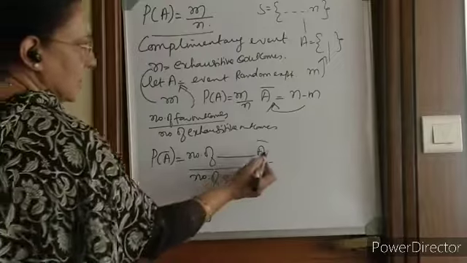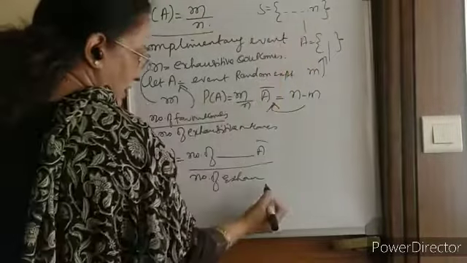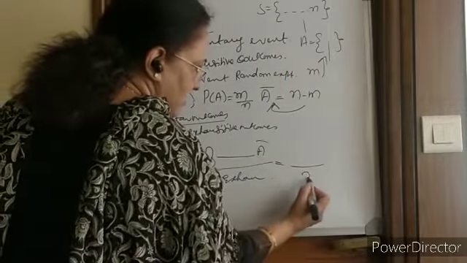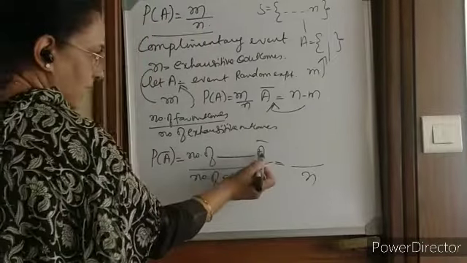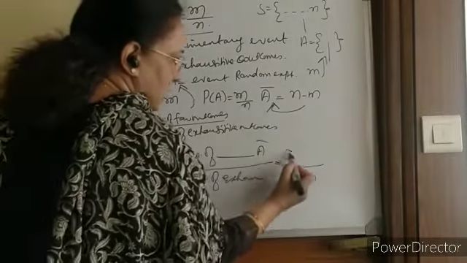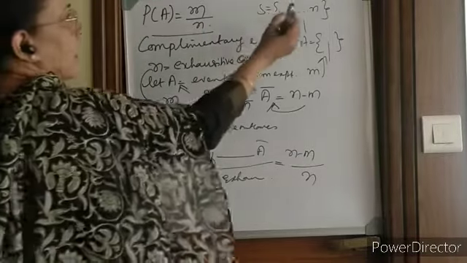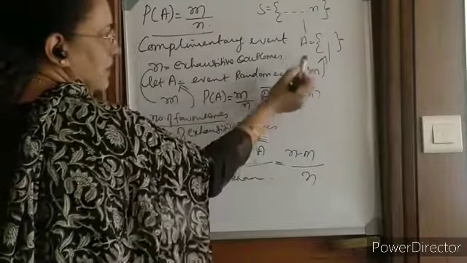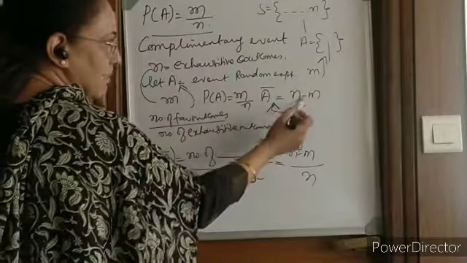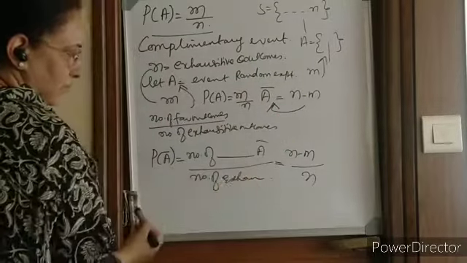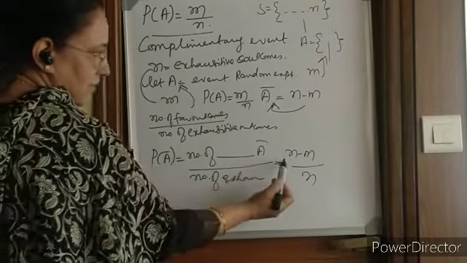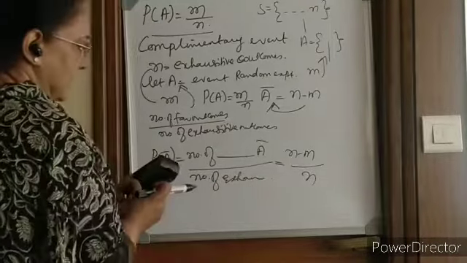Out of S, n are exhaustive, so this will be n. Now for the event A bar, how many are favoring? It becomes n minus m. So I'll repeat it. Out of n exhaustive outcomes, m of them are favoring A. So the remaining n minus m will be favoring event A bar. Therefore probability of A bar will become n minus m divided by n.